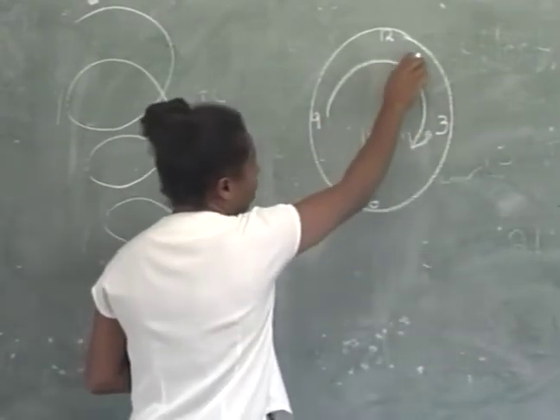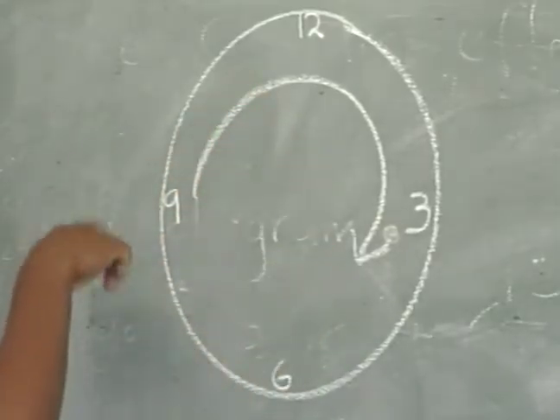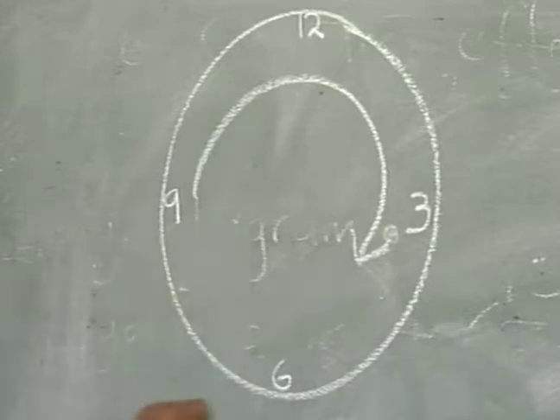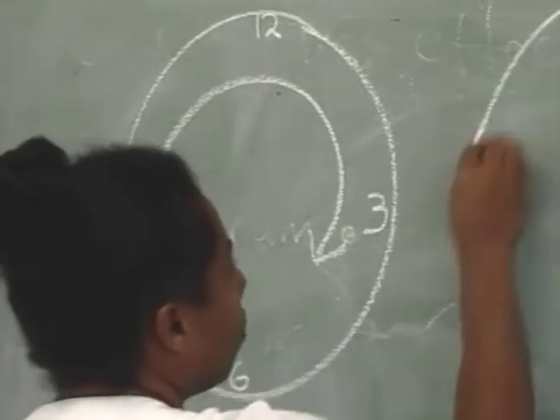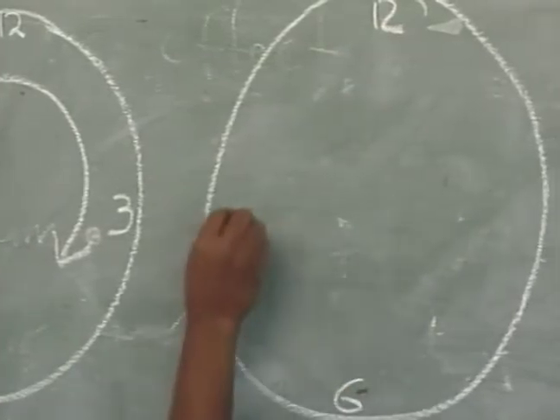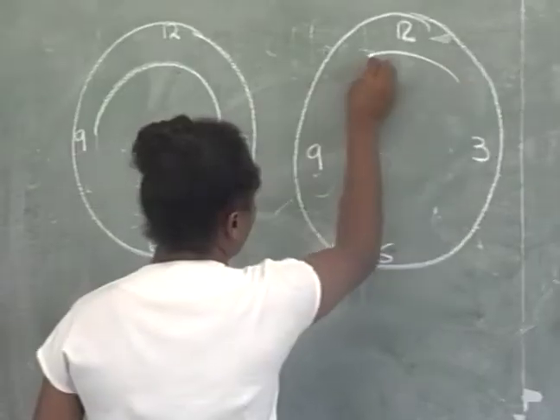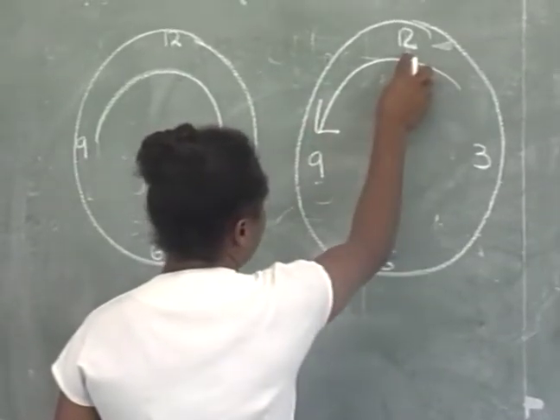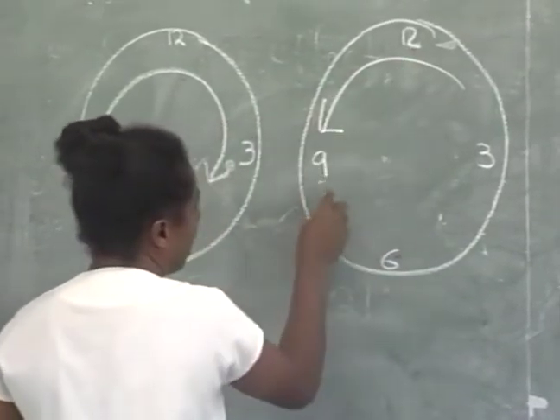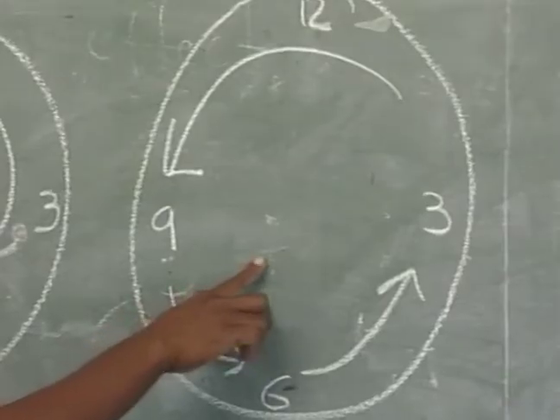We are going from 12, 1, 2, 3, 4, 5, 6 in a clockwise direction. If we are going anti-clockwise, then it will be still the same clock face, but instead of going this direction, we will be going back, 12, 11, 10, 9, 8 in this motion. This is counter-clockwise or anti-clockwise.